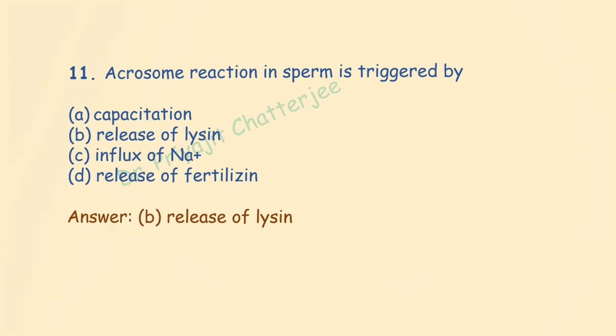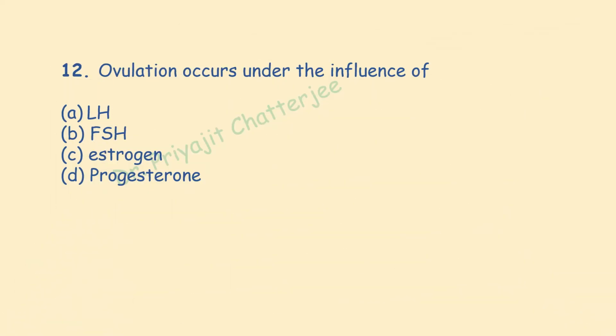Next question. Ovulation occurs under the influence of which hormone? There are 4 options and 4 hormones are there. We know the menstrual cycle starts with the menstrual phase. The secretion of gonadotropins, LH and FSH increases gradually during the follicular stage and stimulates follicular development, as well as secretion of estrogens by the growing follicles.